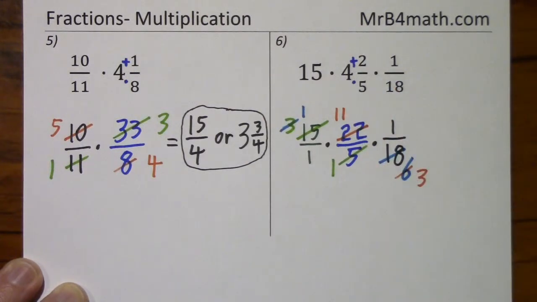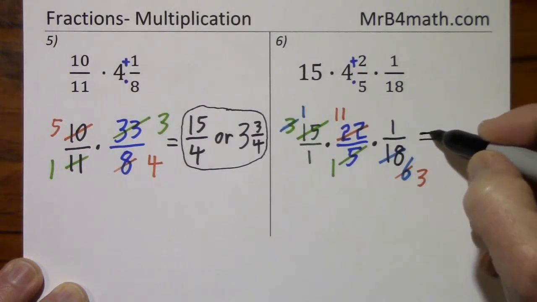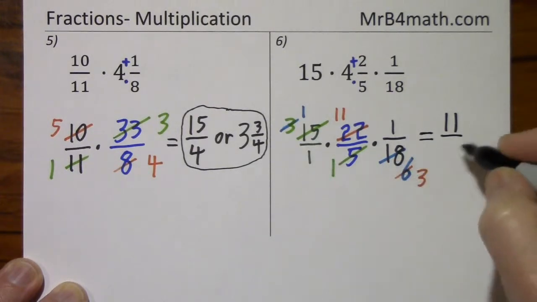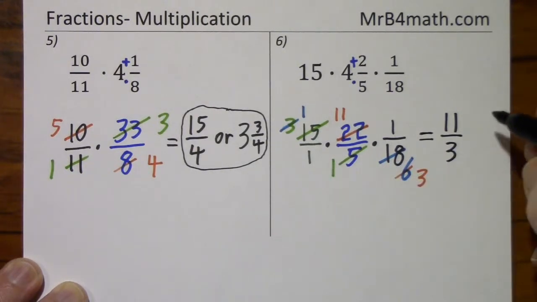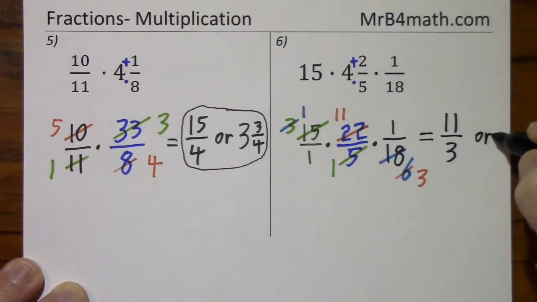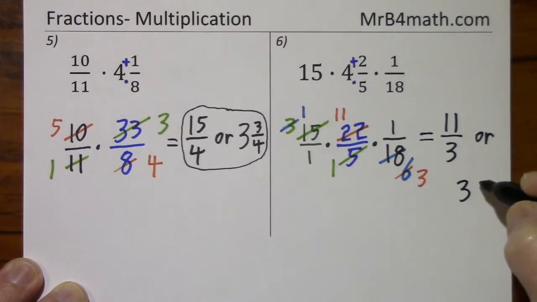There's no more common factors, so we multiply straight across the top. We have 11. Across the bottom we have 3, and this is simplified, but you could also rewrite that as 3 with 2 left over, and you keep your denominator.